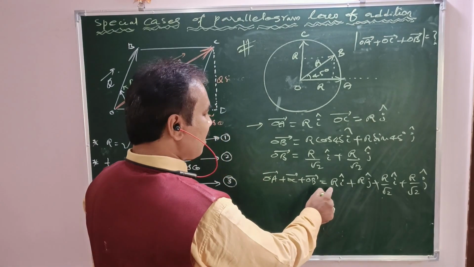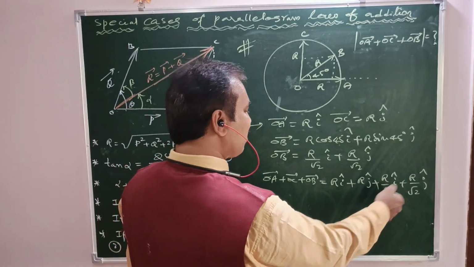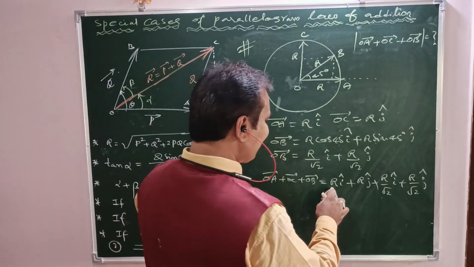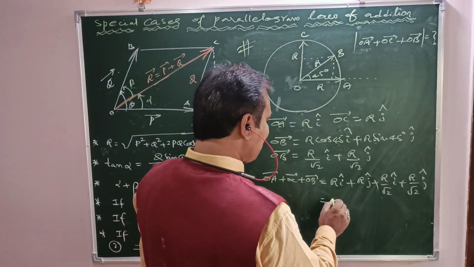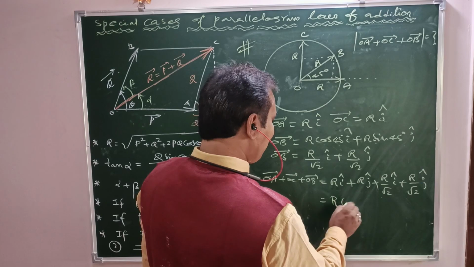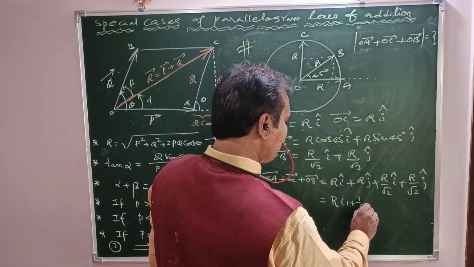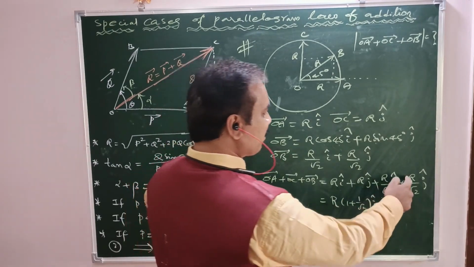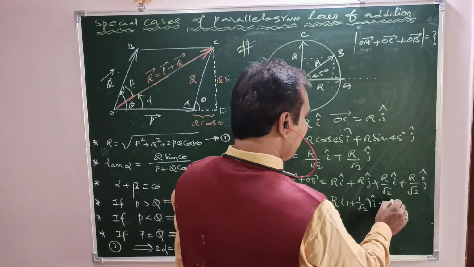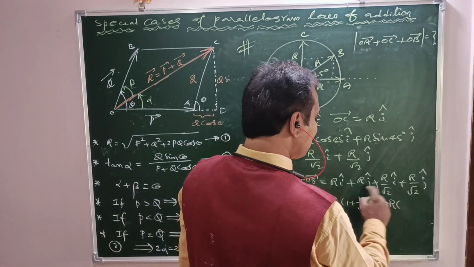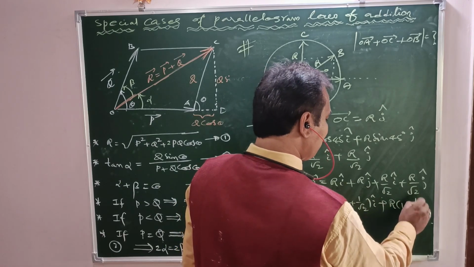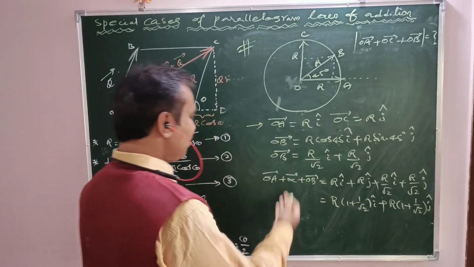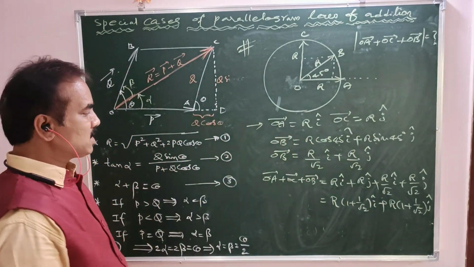Now see here, R i cap, here R by root 2 i cap, so i cap is common, R is common: R into (1 plus 1 by root 2) into i cap plus, here R j cap and R by root 2 j cap, so R is kept common: (1 plus 1 by root 2) into j cap. So this is OA bar plus OC bar plus OB bar.